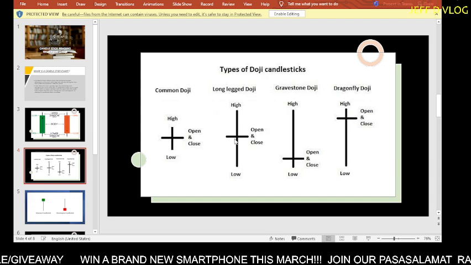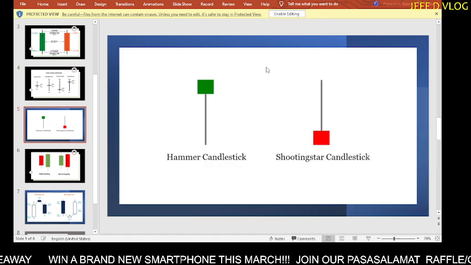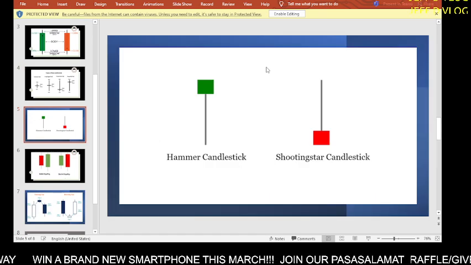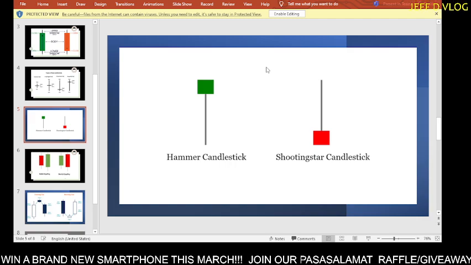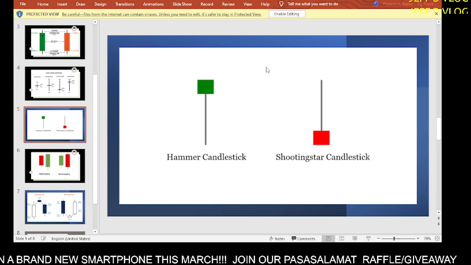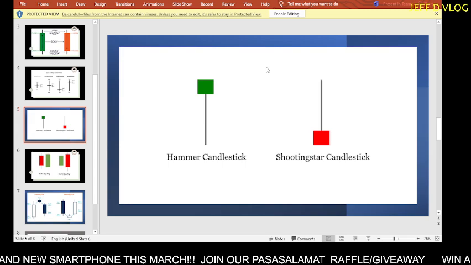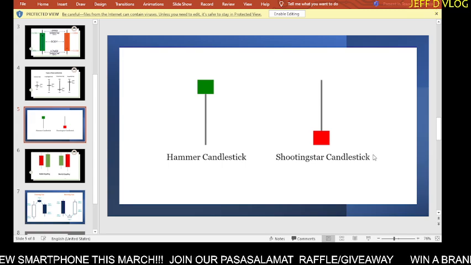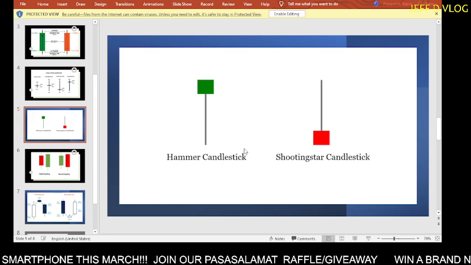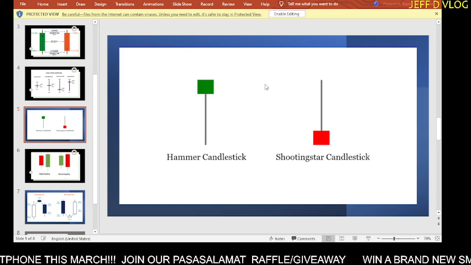Next, we have the hammer candlestick and the shooting star. It's easy to identify a hammer, because you have the thin line at the bottom, and for a shooting star, it's shooting above, vertically. So the shooting star candlestick is the opposite of the hammer candlestick. So what do these candles represent?